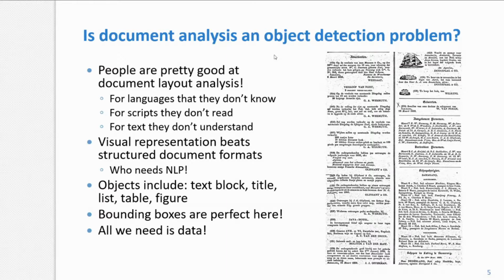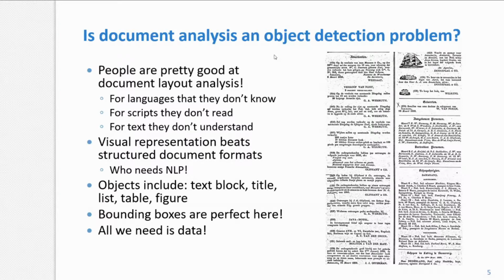Another thing I notice about it is that the visual representation beats the text and the structured document format. So you don't really need natural language processing to get pretty far here. You should be able to do it by looking at it.